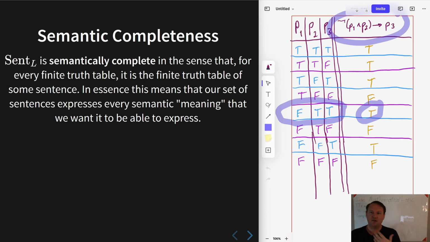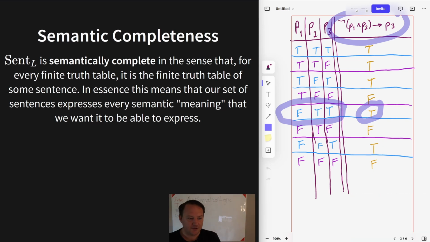That goes hand in hand with the fact that our sentences are always themselves finite. So we need to restrict our conversation here to finite truth tables, which is to say just assignments to a finite collection of atoms, namely those that occur in a sentence.